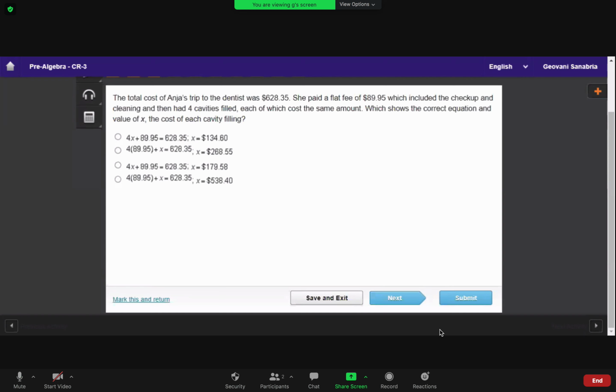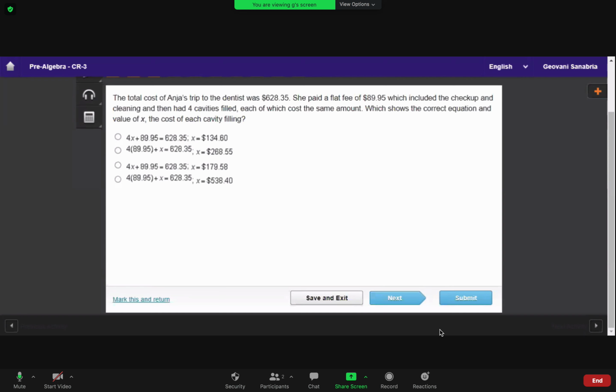When they say the total, or everything added all together, that's the hint that that number is going to be on one side of the equal sign, and then the algebra stuff will be on the other.